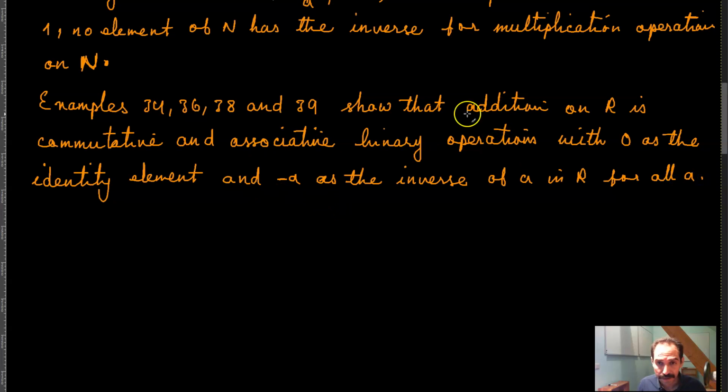So what that means is that these examples show that addition on R is commutative and associative binary operations with 0 as the identity element and negative a as the inverse of a in R for all a belonging to R.